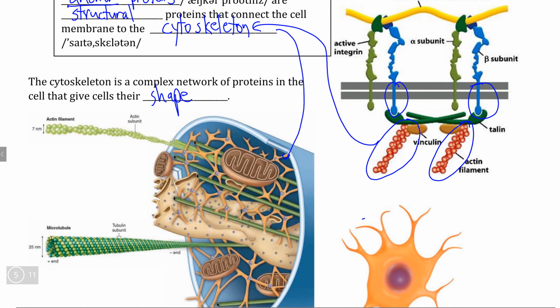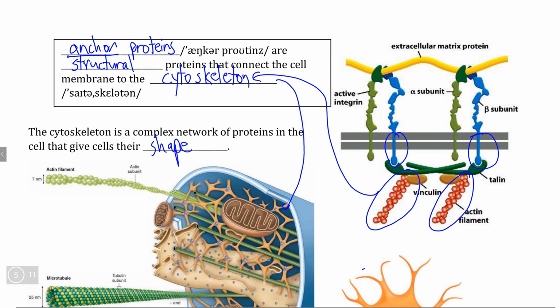This is all because cytoskeleton anchor proteins connect to the cytoskeleton network of proteins inside of the cell in order to hold the membrane in the specific shape that allows the cell membrane and the cell to take on its specific shape and therefore its specific function.